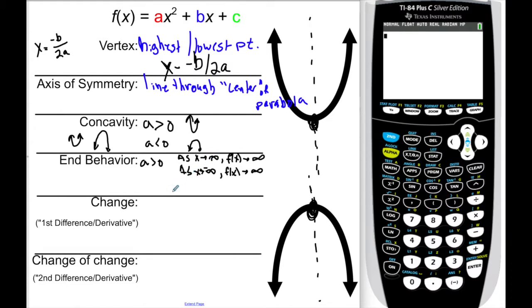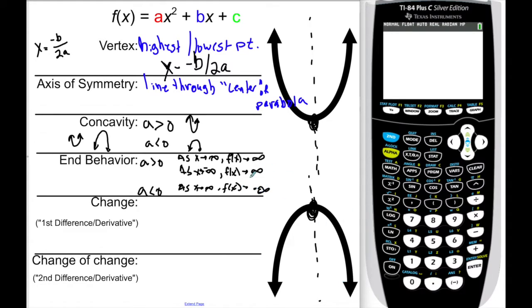Now, what if a is a negative number? In that case, both ends point down. This time, as x goes to infinity, f of x goes to negative infinity. It's going down.